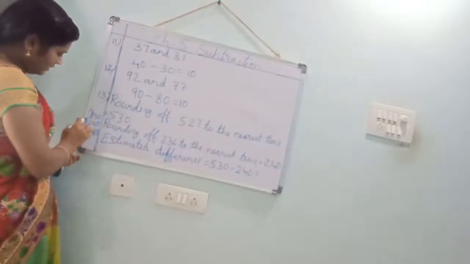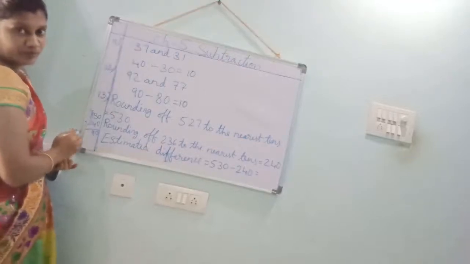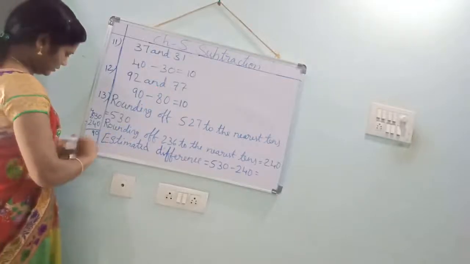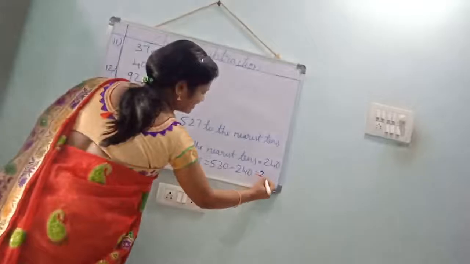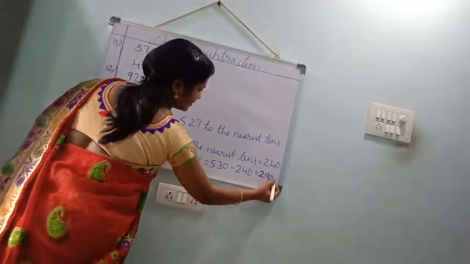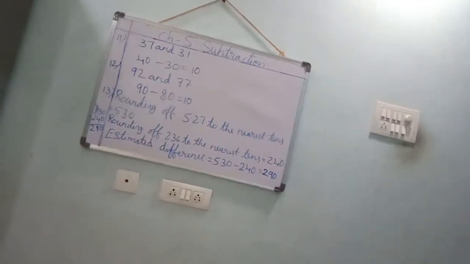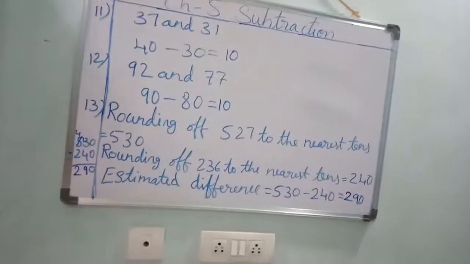Here. Remaining how many is there? 4. In the 4, what you have to do? You should cut 2. As 4 open, 2 cut. Remaining how many? 2. The 2 you should write. What is that answer? 290 is the answer. Copy in the workbook.